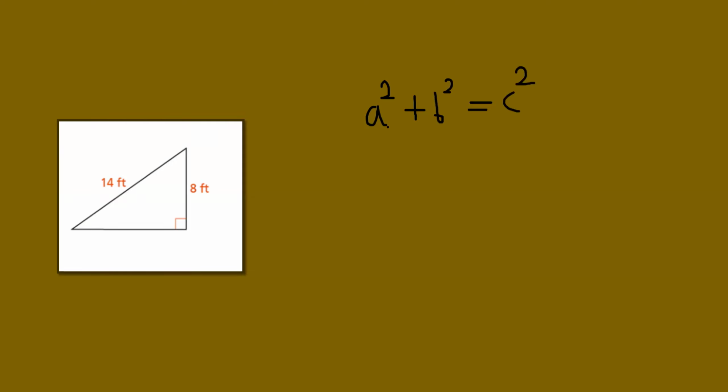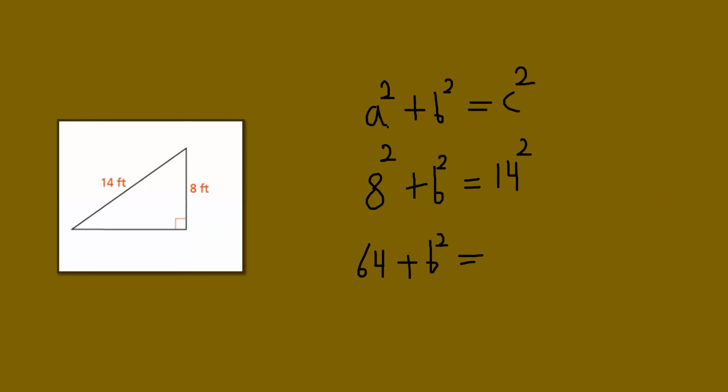I have a, so a squared, 8 squared, plus b squared, I don't know the value of b, equals c squared, which is 14 squared. 8 squared is 64 plus b squared equals 14 squared.